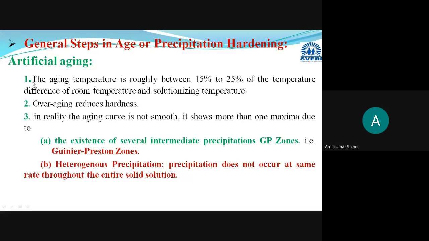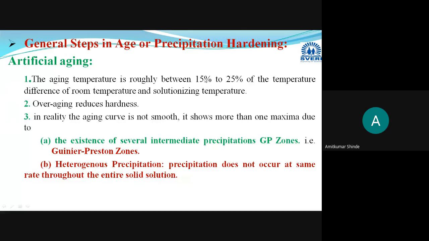Here we are going to select the temperature in such a way that first we take the temperature difference between room temperature and solutionizing temperature, and whichever value comes. Suppose room temperature is 23 or 25 degrees Celsius, and 625 is the solutionizing temperature. Then 600 will be the difference between room temperature and solutionizing temperature.